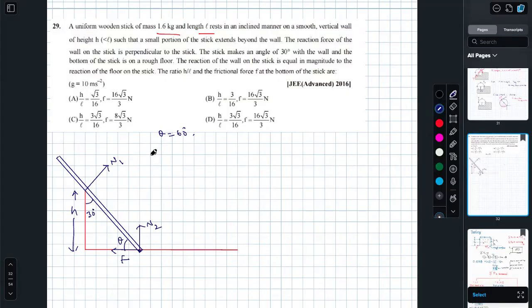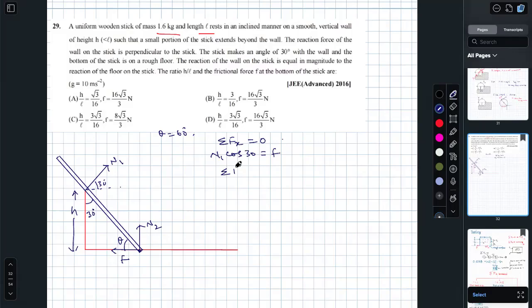The ratio of h by L and the frictional force. So first of all, sigma Fx is equal to 0, which means N1 cos 30 is equal to f.